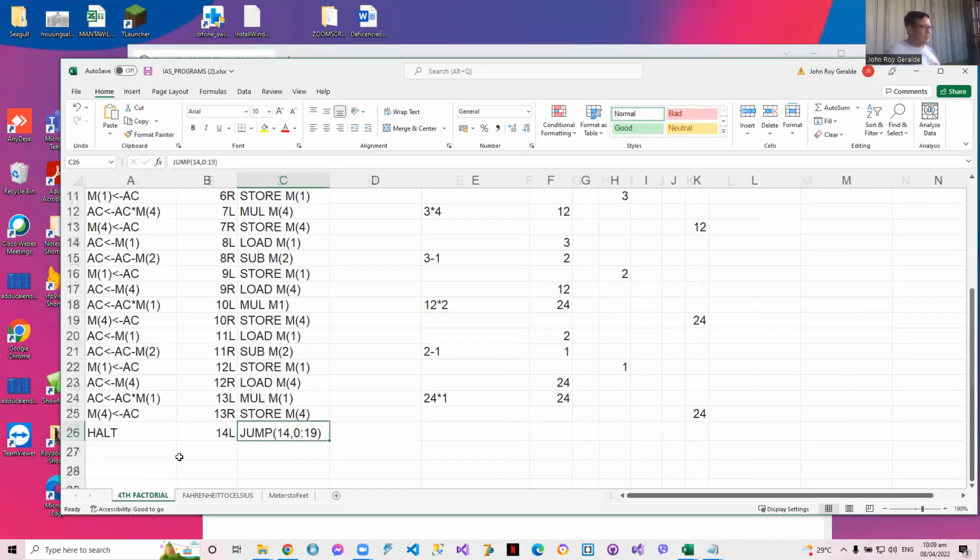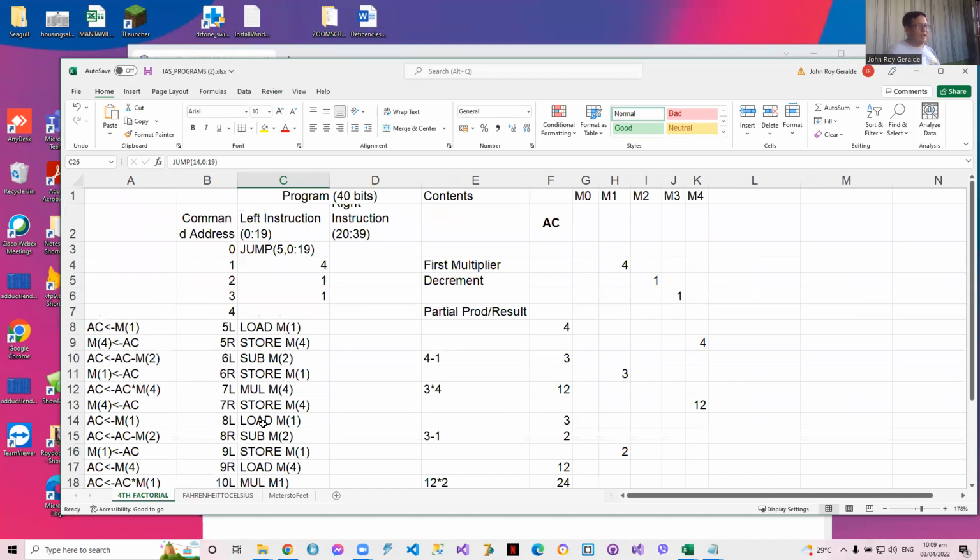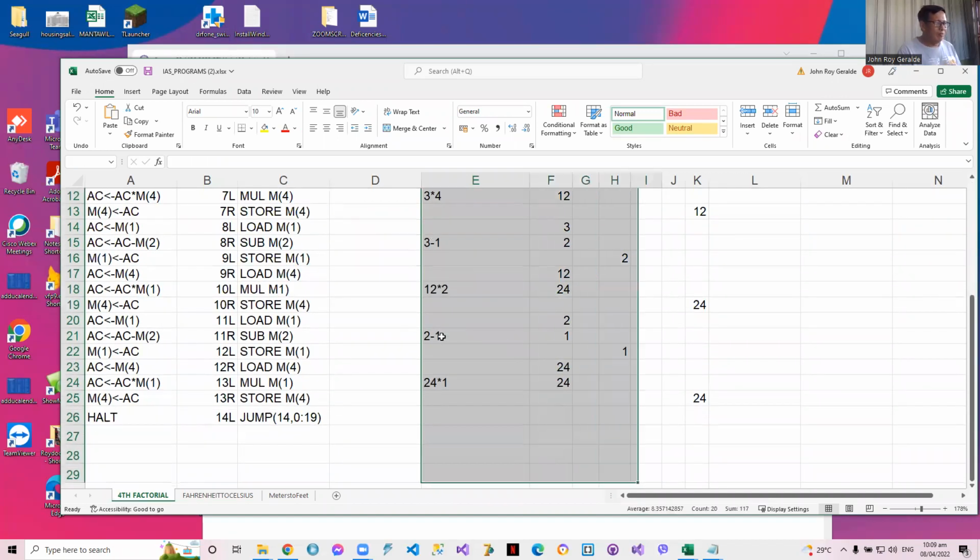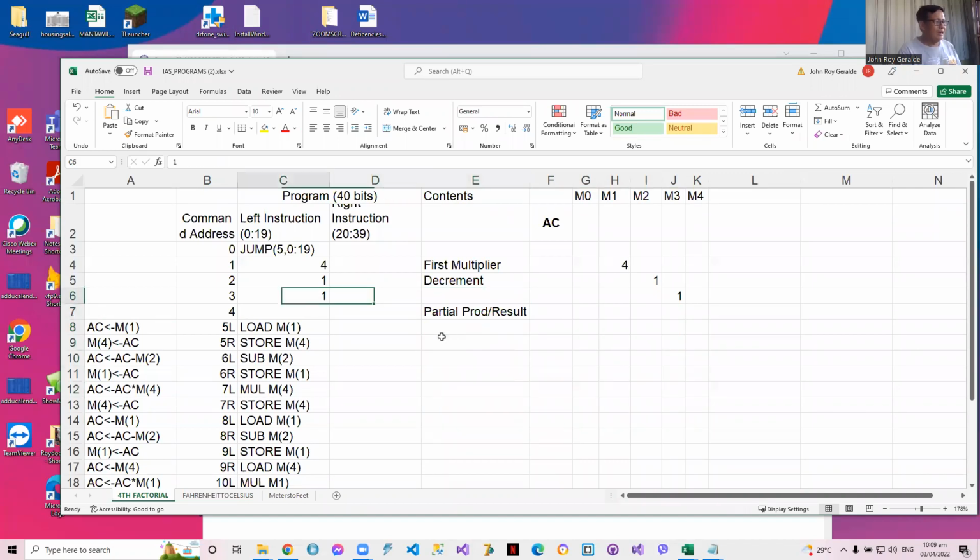The first program is the Fahrenheit to Celsius. Let me explain this. Why is it like this? Because now the program and the variables are both in the same location, right? They're both in memory, unlike before, where the program is in the Jacquard loom or in the input device.